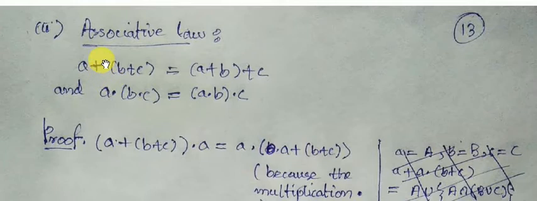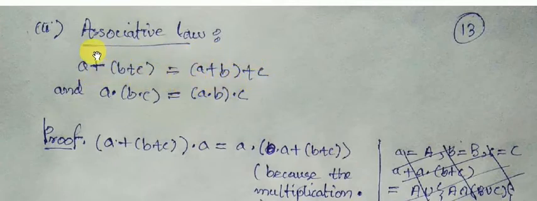In the first property, that means the associativity property for addition, if we replace this addition by the binary operation multiplication, then we shall have the second one. So the associativity property for multiplication is the dual of the associativity property of addition.